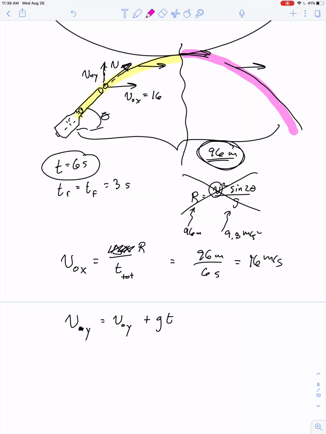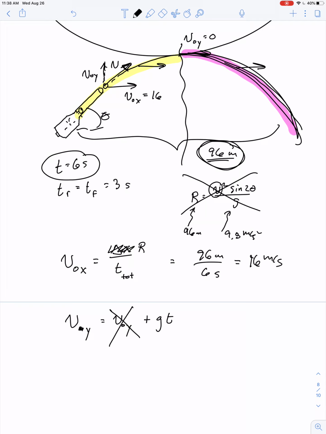It's up to you. Well, I suppose it's up to me since I'm the one solving this problem. So here's what I'll choose. I'll choose the fall, so that the initial velocity is equal to 0. That part of the equation goes away, and we just get that Vy is equal to gt.